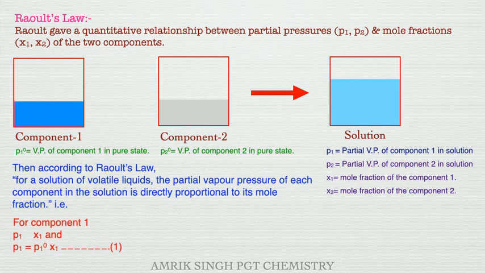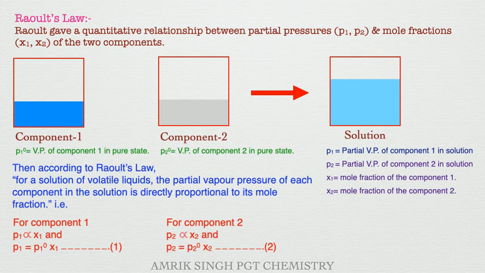Let's see mathematically. For component 1, P1 is directly proportional to X1, and to remove this proportionality we introduce a constant P naught 1. P1 is equal to P naught 1 X1 for component 1, and similarly for component 2, P2 is equal to P naught 2 X2.